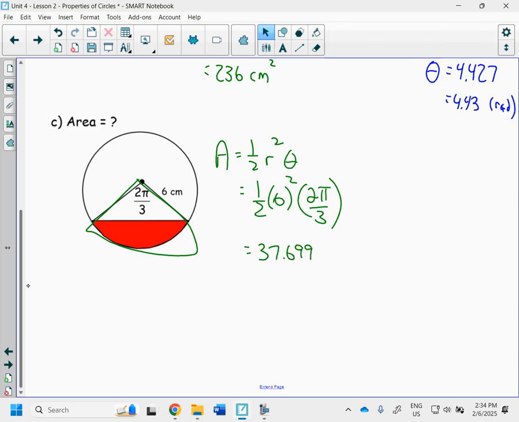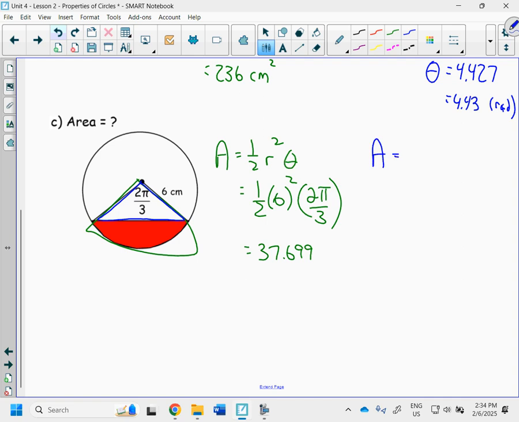37.699. But again, that's actually all of this. We don't want all of that. We want just the red part, which means we have to get rid of this part, which looks an awful lot to me like a triangle. You might even remember the area of a triangle can be given by the formula ab sine C over 2.